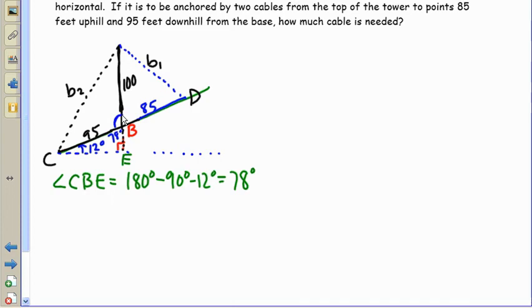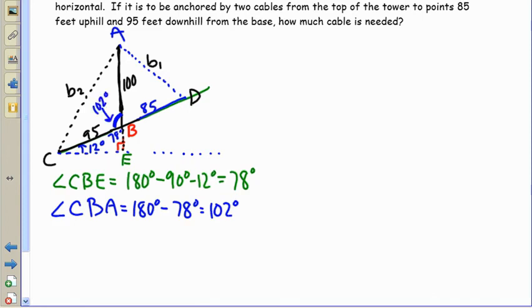Let's call this up here A. So this angle right here is 180 degrees minus 78 degrees, which is 102. So I know that this angle measure right here is 102 degrees. And again, by the supplementary angles, subtracting 180 minus 102, I know that this angle measure is then 78 degrees right there.